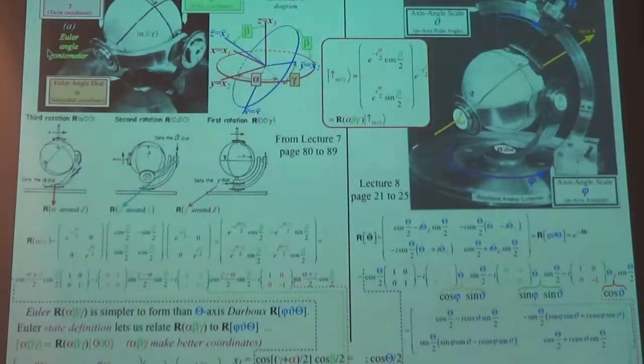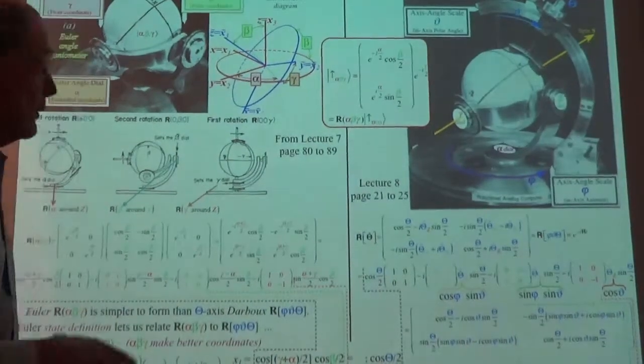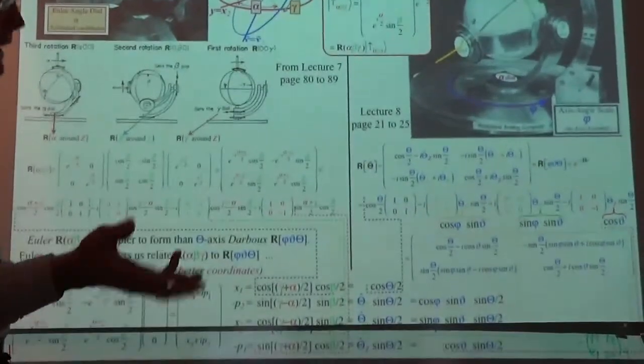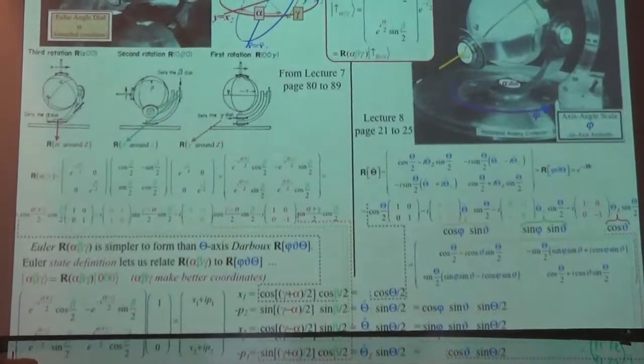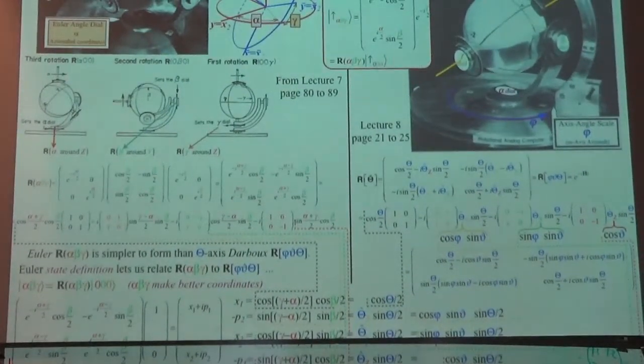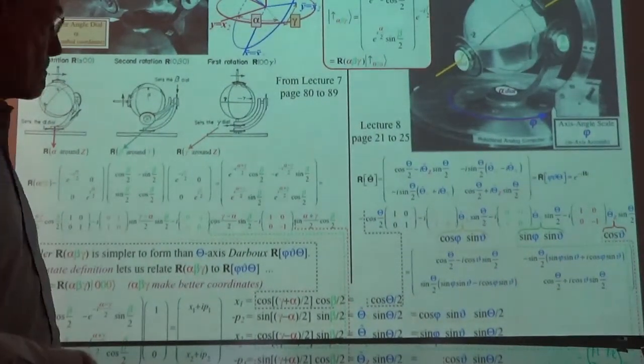The four pieces being the Pauli, Hamilton, I should say Hamilton-Pauli matrices of Hamilton's quaternions or Pauli spinors.